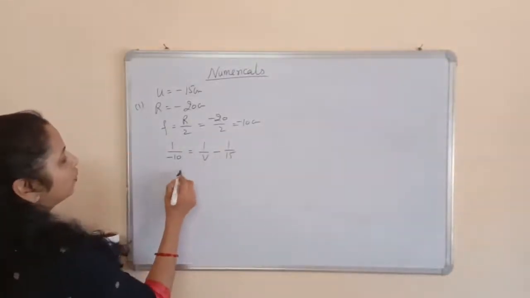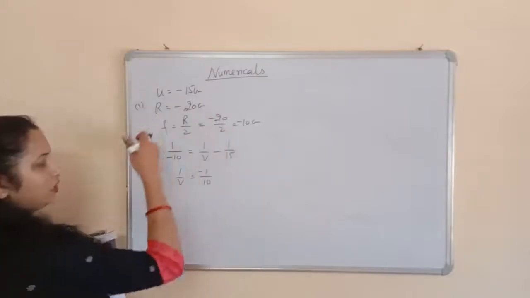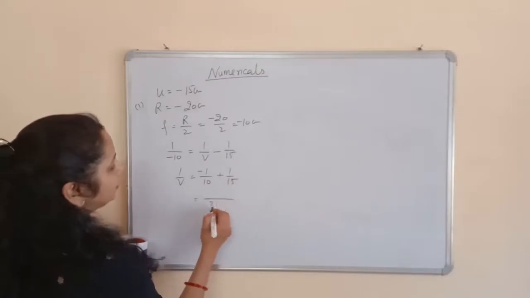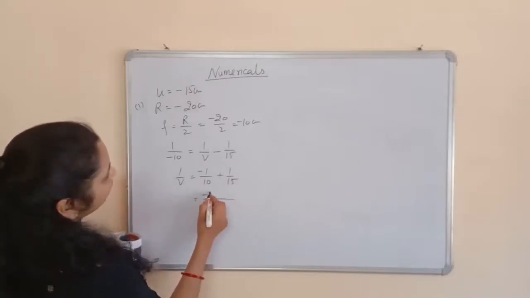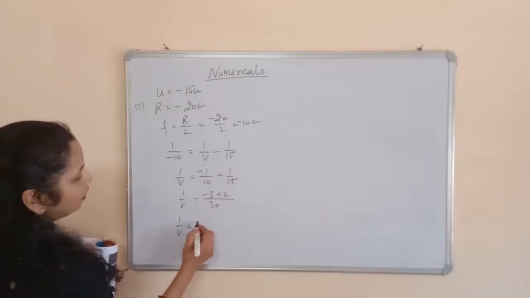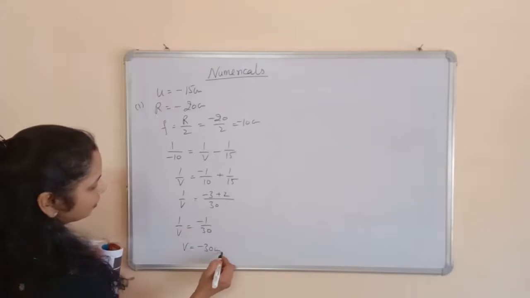So 1 upon V will be equal to 1 upon 10. When it goes to the LHS, its sign will change. So LCM is 30, minus 3 plus 2. So what is the value of 1 upon V? It will be minus 1 upon 30, or we can say V is equal to minus 30 centimeter.